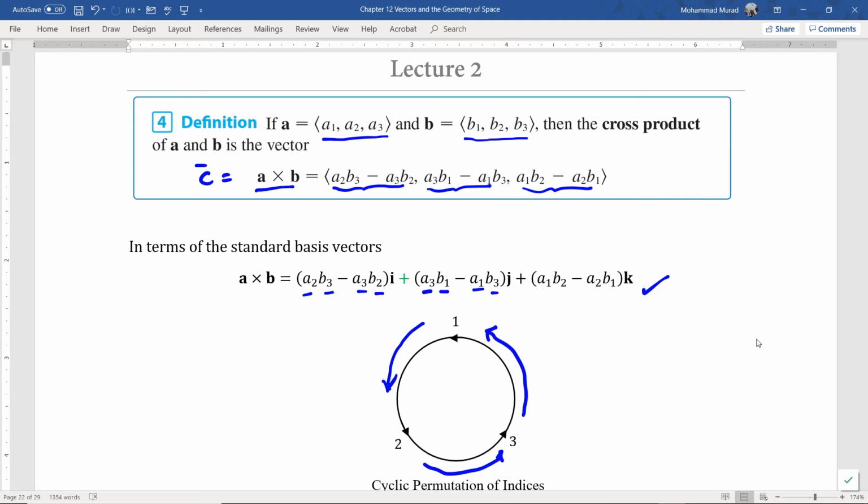And from here, A3 would become A1, B1 would become B2, A1 would become A2, and B3 would become B1. Just a simple cyclic permutation of indices.